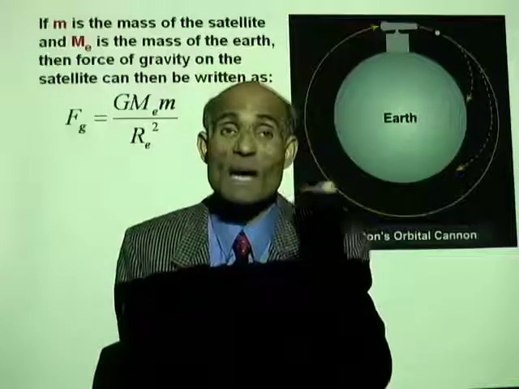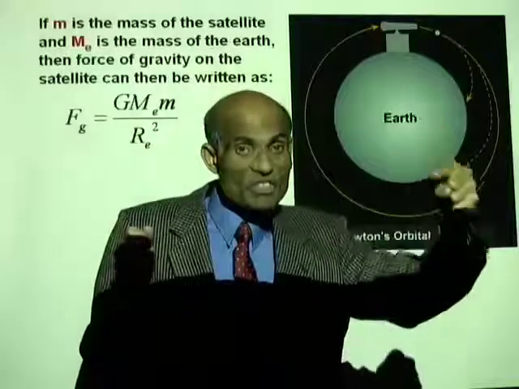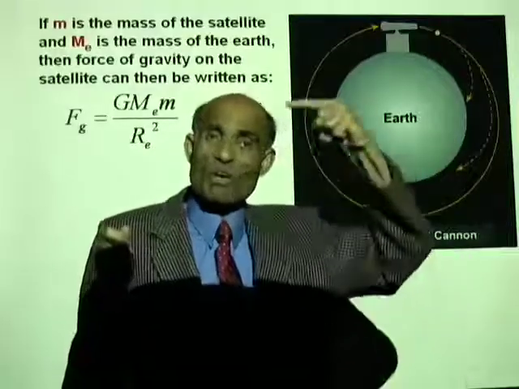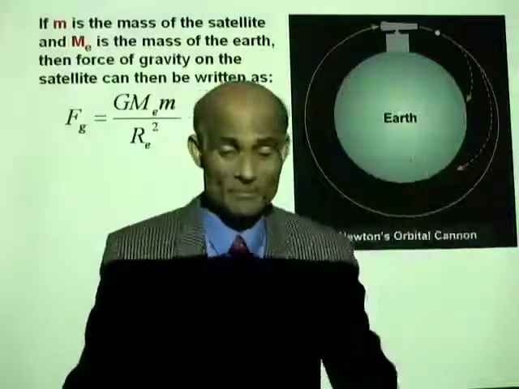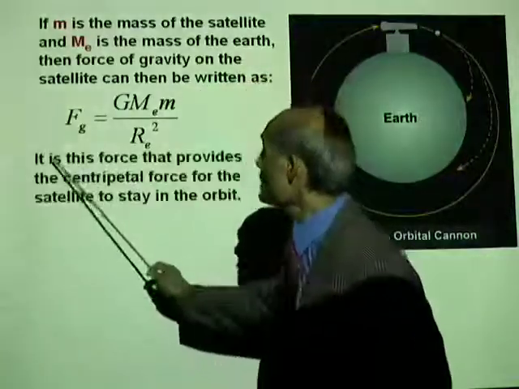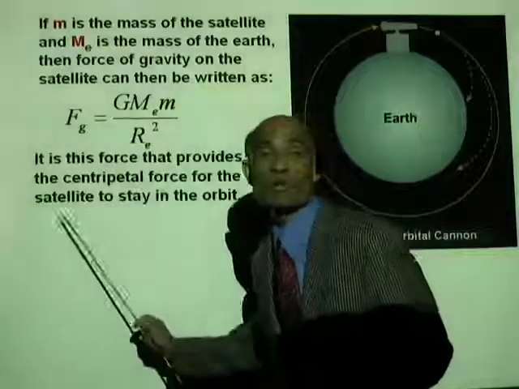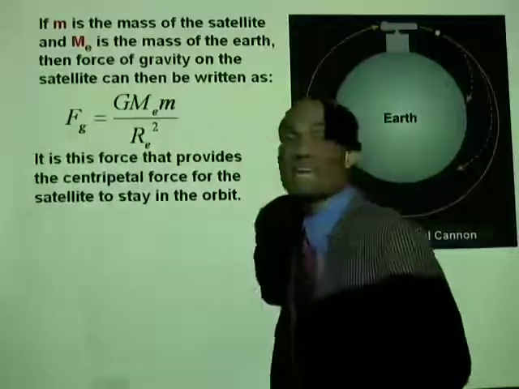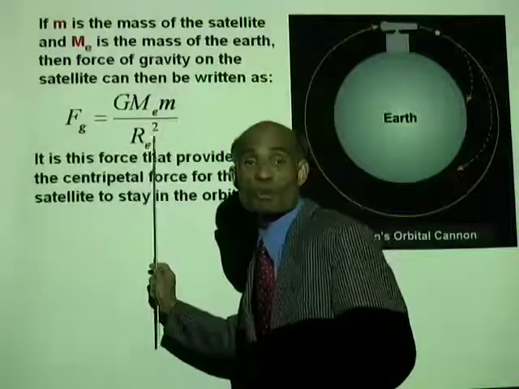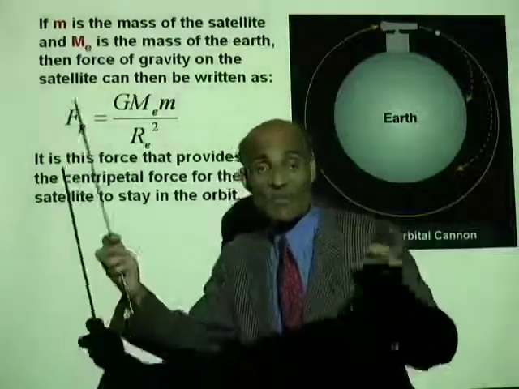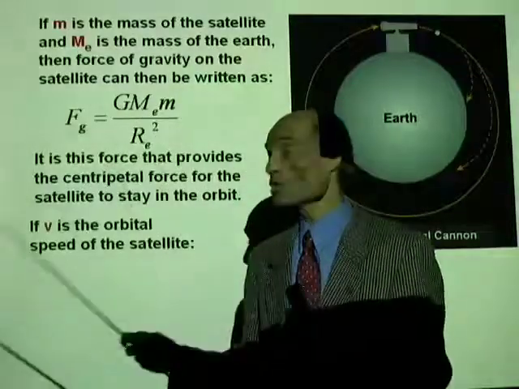Centripetal force is mv squared over r, where v is the tangential velocity, or what we call the orbital speed. Now, it is the gravitational force on the satellite that provides the centripetal force that keeps it in the orbit.